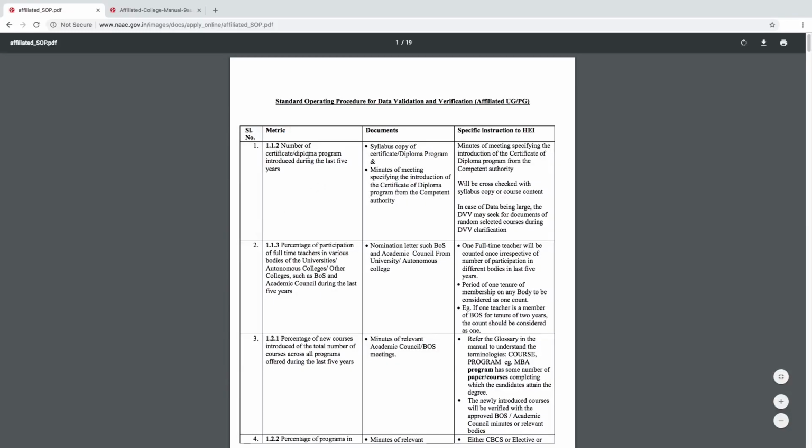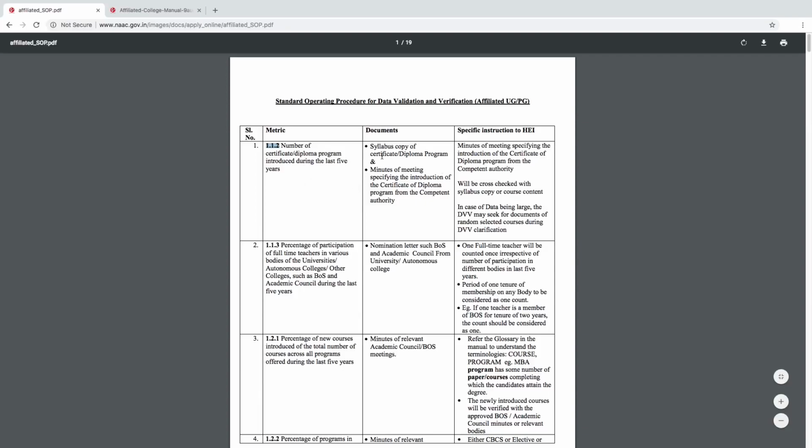This document takes an entire tour from the DVV point of view, the data validation and verification point of view, of what is expected in every metric and the document that is supposed to be given in support of that metric. In case of 1.1.2, it is about the number of certificate and diploma programs introduced during the last 5 years.